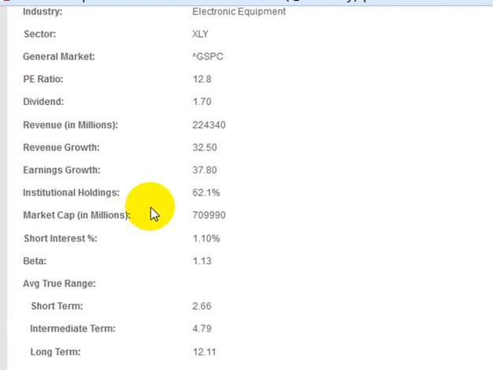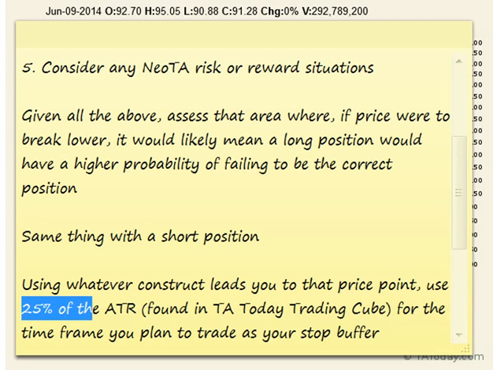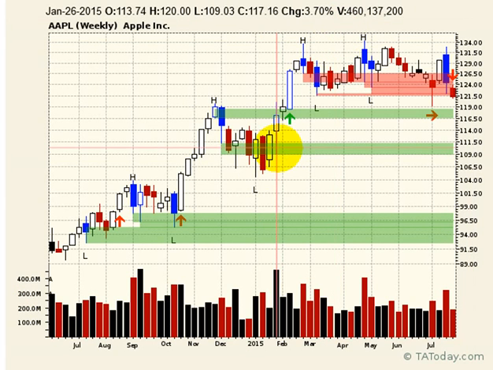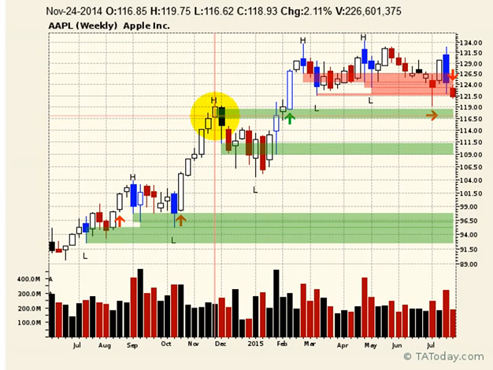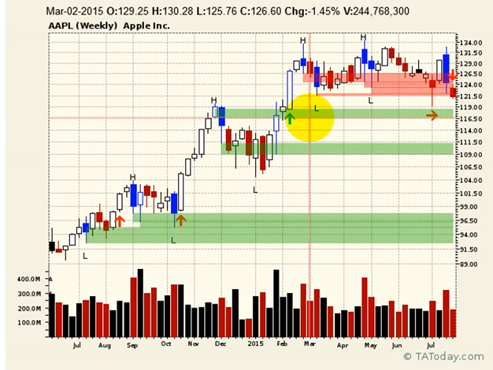So if we scroll all the way down here, we can see it's 4.79. If we take 25% of that, that's about $1.20 or so. So $1.20 is the buffer zone that you need to give this on the way down. So $1.20 underneath this low would give you about 115.25 or so. So about 115 you'd have to stop out of it.